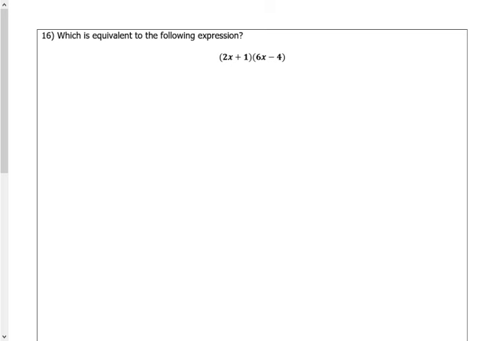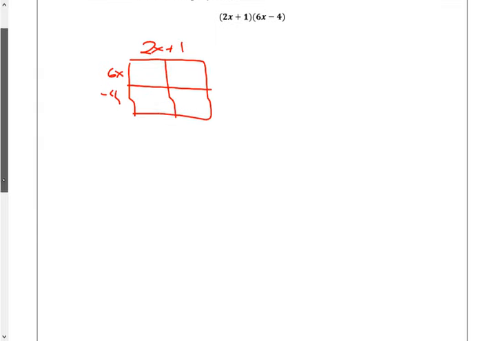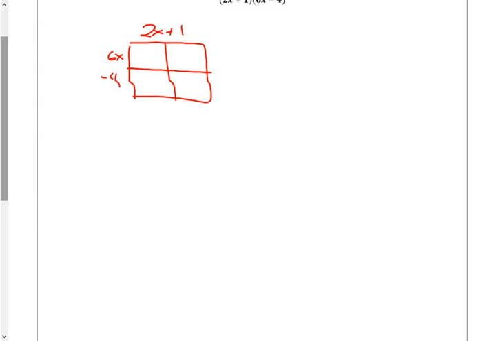So we could do it like so. And then I'm going to get 12x squared, 6x.